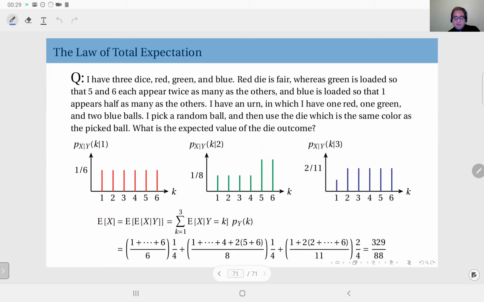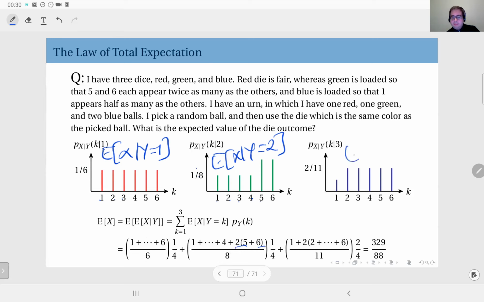If you write this in expanded form, here you have the expected value of X given Y equals 1, with all probabilities being 1 over 6: 1 over 6 times 1, 1 over 6 times 2, 1 over 6 times 3, and so on. And the expected value of X given Y equals 2 is 1 over 8 times 1, 1 over 8 times 2, 1 over 8 times 3, 1 over 8 times 4, and then 2 over 8 times 5, 2 over 8 times 6.